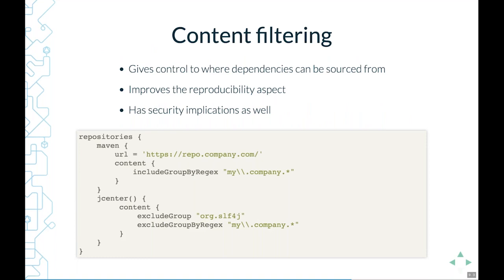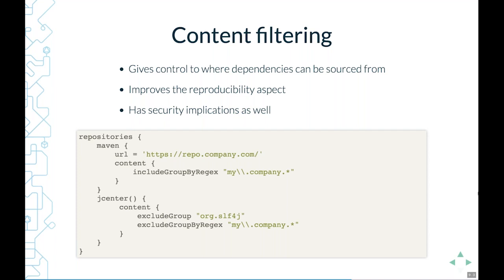So let's say that my organization publishes components that are under the my.company group, and I'm pretty sure those shouldn't be found on Maven Central, right? So I'm going to use this block, the include by regex, which is something interesting to tell. For this Maven repository, which is actually local to my company, you will only find components from my company and nothing else.